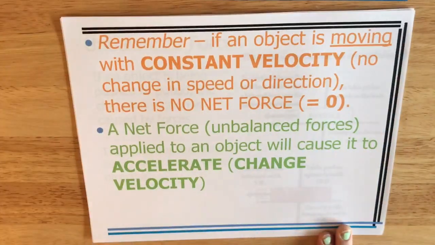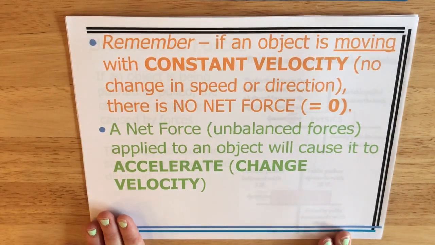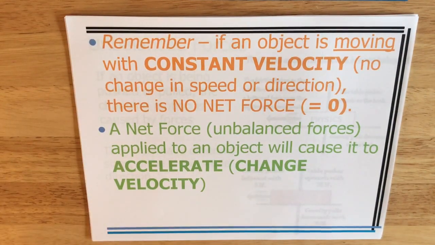Alrighty, so it says if an object is moving with constant velocity, so there's no change in speed or direction, then there's going to be no net force. So if you're moving at a constant velocity, whether you're falling through the air or sliding along the floor, and there's no change in your speed or direction, which would pretty much mean you didn't have any forces playing against you, then you would have no net force there.